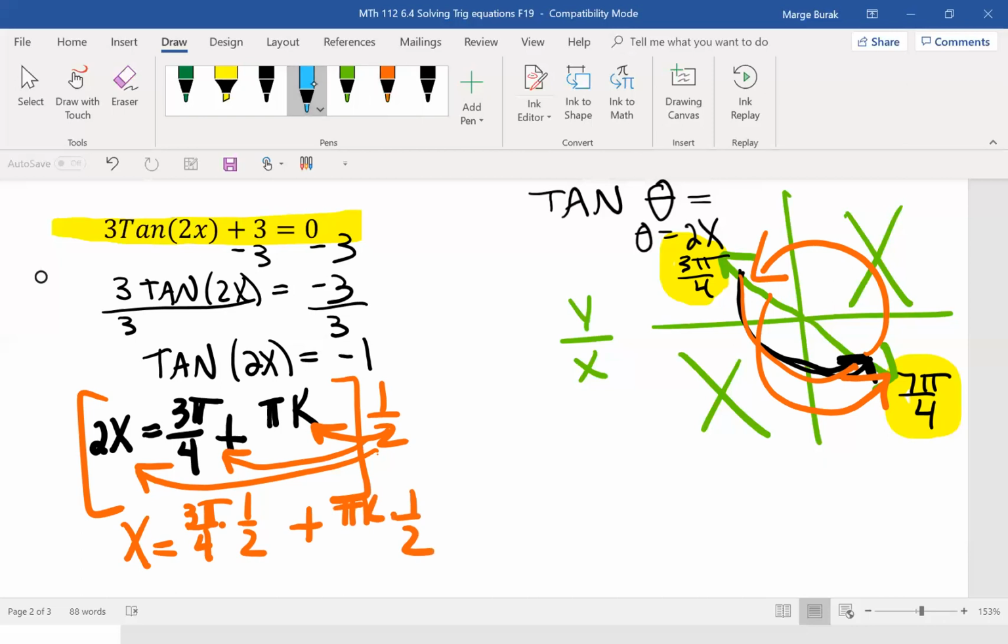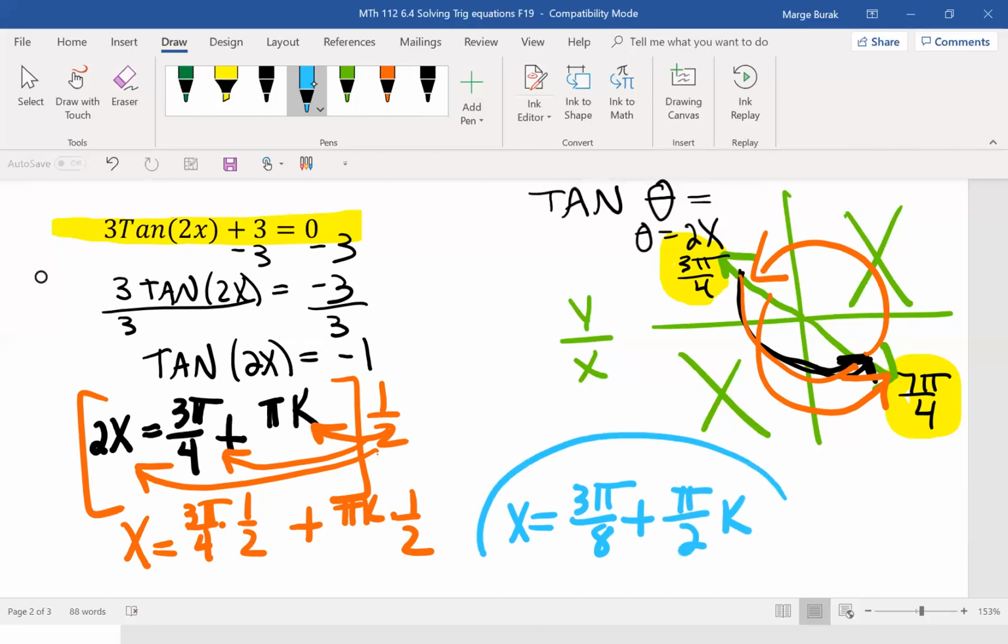All right, let's simplify this. So x is going to equal 3 pi over 8 plus, and this one looks like pi over 2 k. And that should give me all of the values of this.